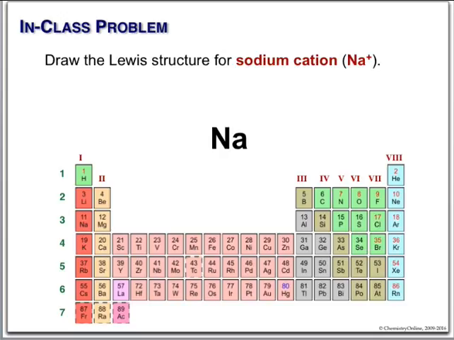Group 1, so it has 1 electron. How do we make this positive? Well, we have to take that electron away, don't we? That means it'll have more protons than electrons, and it'll be positive. So we simply take this electron, and it goes away. And we're left with sodium cation.